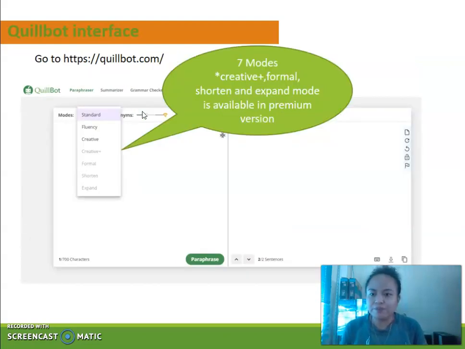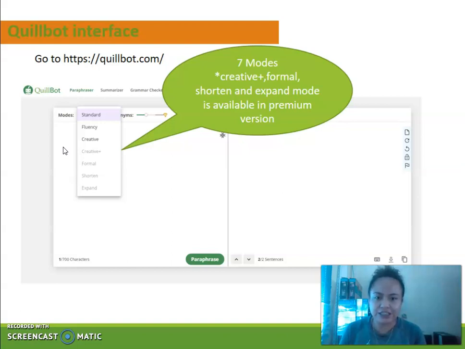Okay. So in Paraphraser, we have seven modes. For the premium version, we have creative plus, formal, shorten, and expand. For the basic feature, we have the standard, fluency, and creative. These three features are very useful for everyday writing.